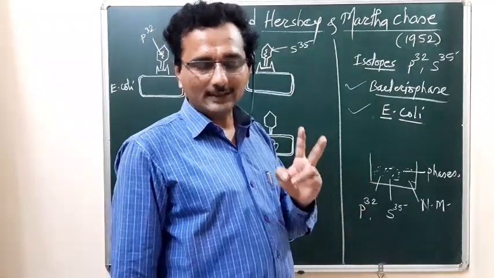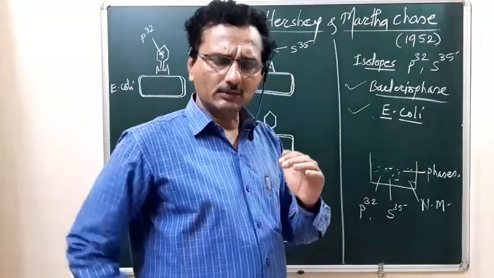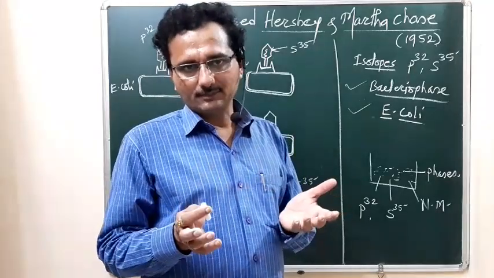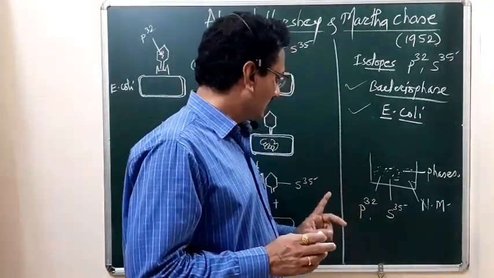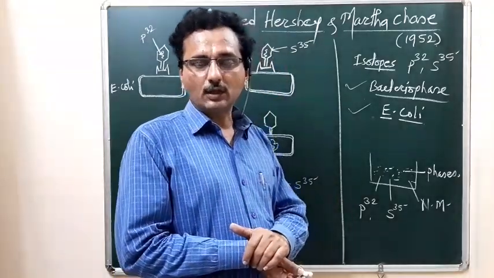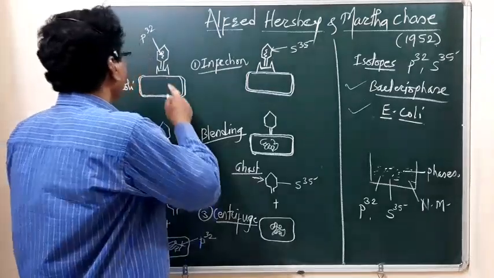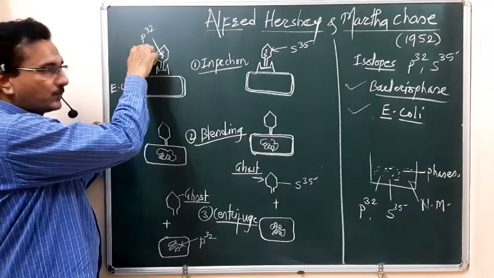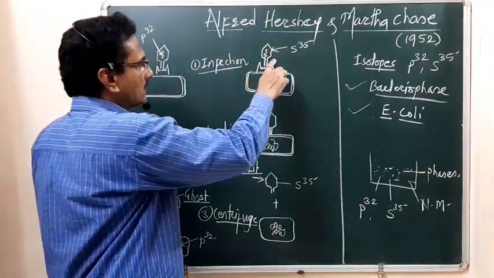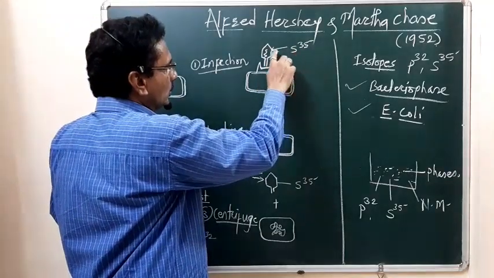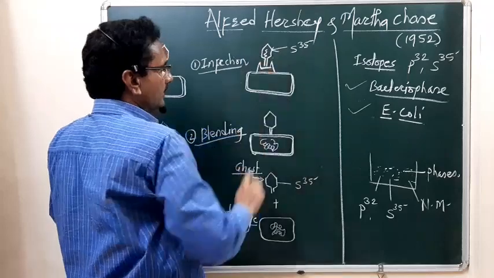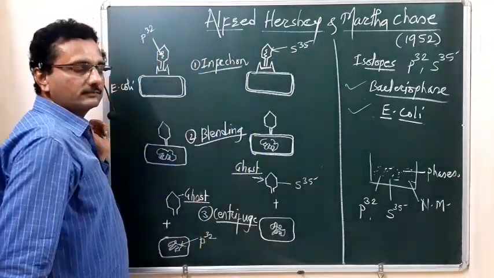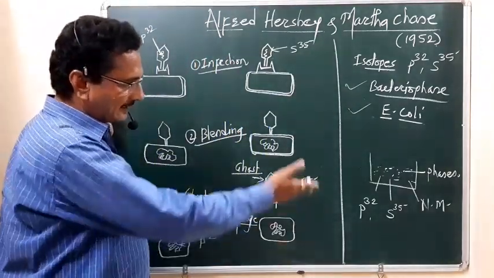Students, always remember, you can pronounce it phage or phage, both are correct. So the DNA has the heavy phosphorus, and the other phage has a radio-labeled protein coat. These are the two types of phages obtained inside that nutrient medium.